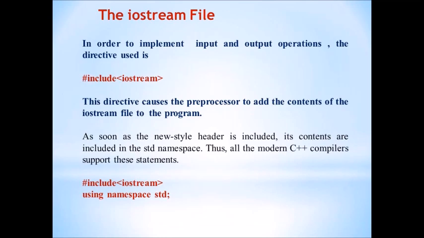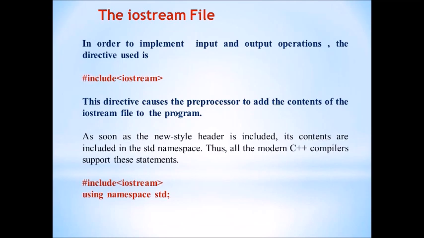What is a namespace? A namespace is a declarative region in which all C++ programming elements are defined. Again, I repeat, it is a declarative region in which all C++ programming elements are defined. Namespace is a new concept introduced by the ANSI C++ committee.